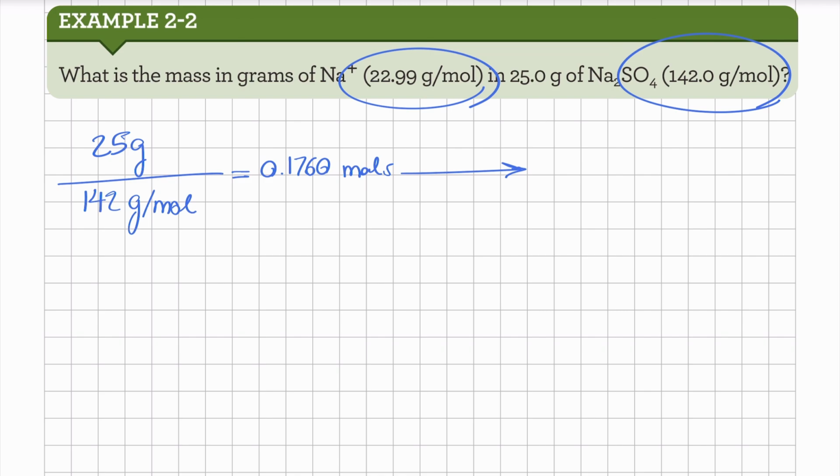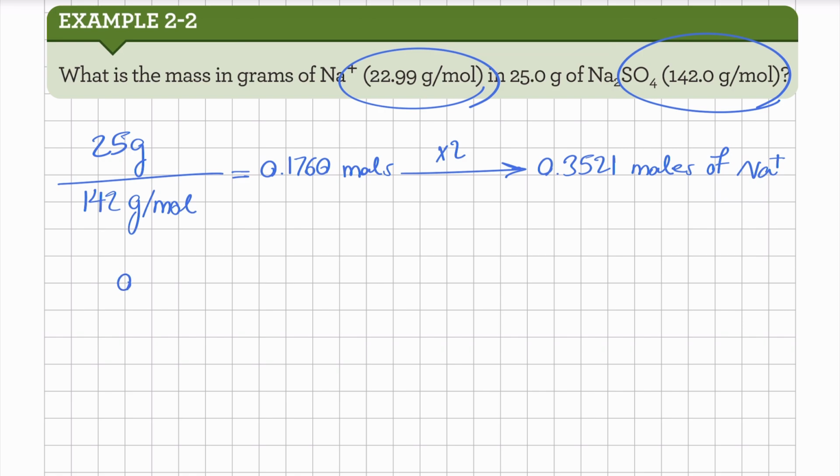That's fine. This number shows the moles of Na2SO4, but we are searching for the amount of Na, or sodium ion. We can say that in each mole of Na2SO4, there are 2 moles of sodium ion. So we can simply multiply it by 2. And our answer is going to be 0.3521 moles of sodium ion. As the last step, we need to convert the moles of sodium ion into grams of sodium ion.